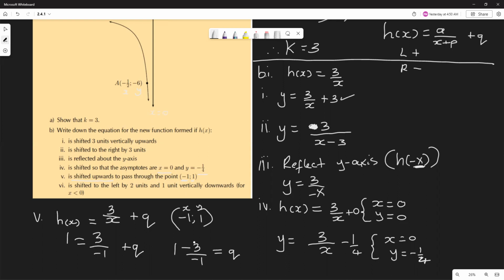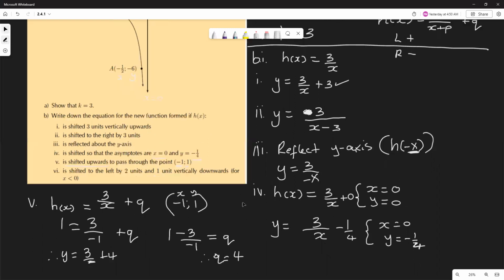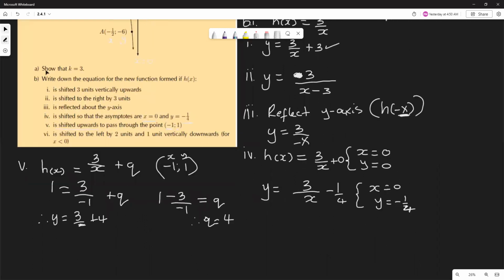So this will give you positive 3 plus 1, which is 4. Therefore q must be 4, and the new graph will be y equals 3 over x plus 4. Awesome. Let me write the x properly. That's how your graph should be.